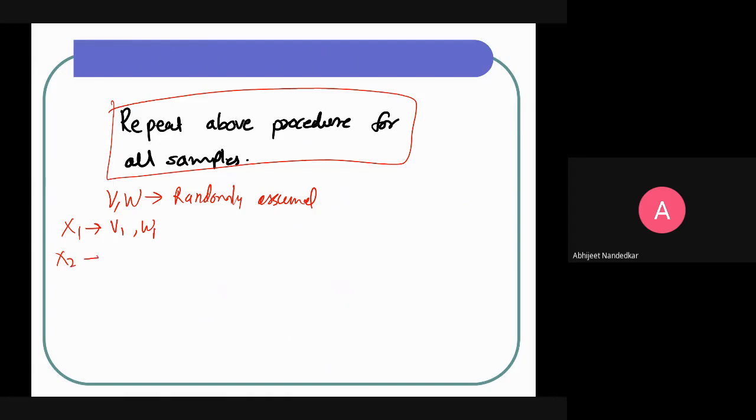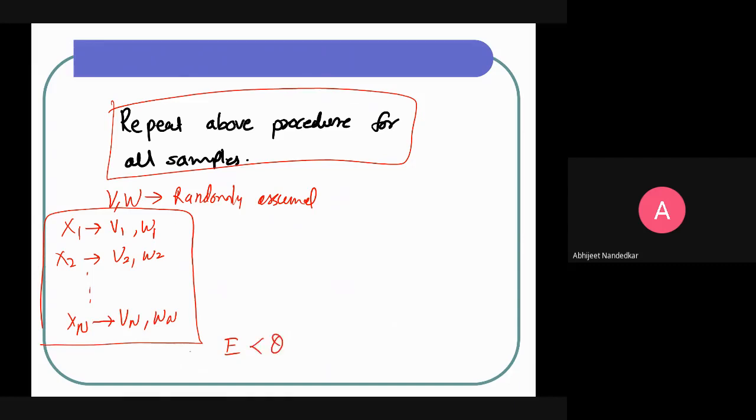Then we take X2 and change them to V2 and W2, up to Xn. We change the weights like this. Once all the training samples are over, we calculate the overall error. If it is acceptable, then stop. Otherwise, you repeat the procedure.